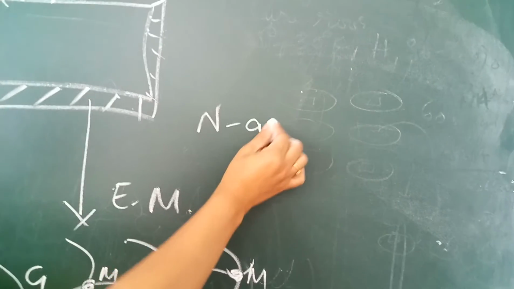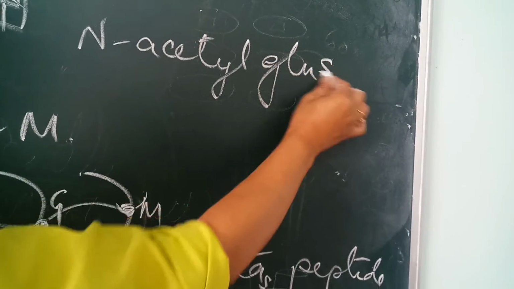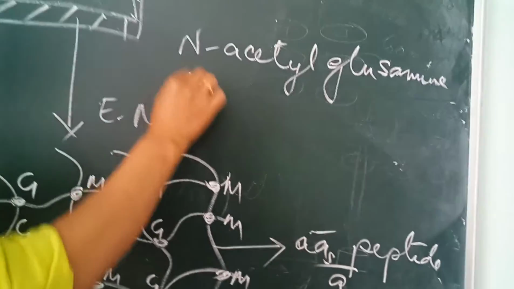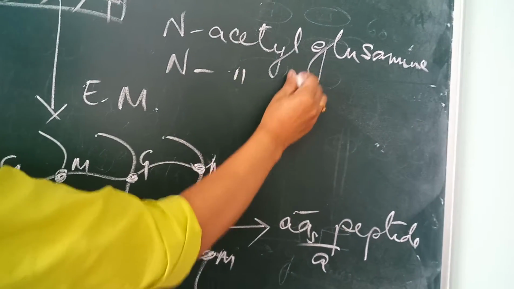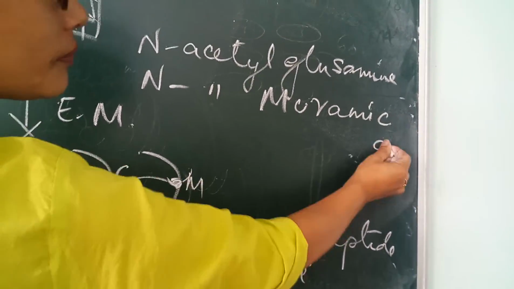What does G stand for? G stands for N-acetyl glucosamine. And what does M stand for? M stands for N-acetyl muramic acid.